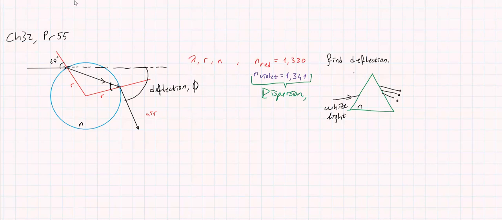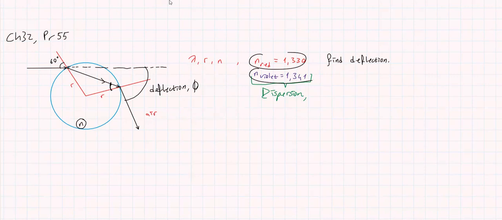So in this question, we need to understand that the refractive index of the raindrop is different for red wavelength than the violet wavelength. So the question actually asks to find the difference between, let's say, the deflection of red and the deflection of violet.